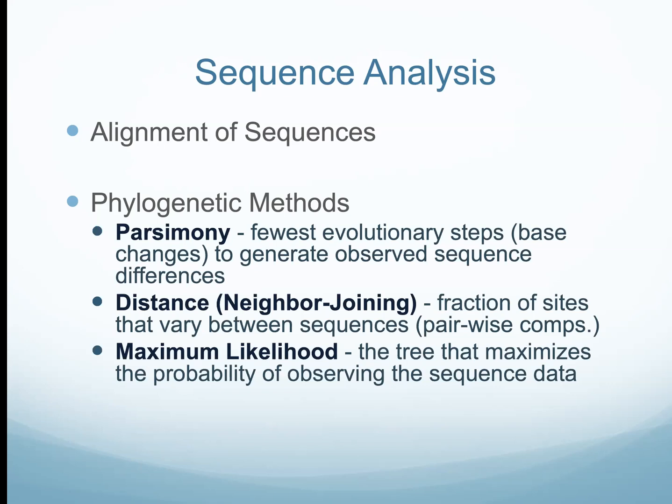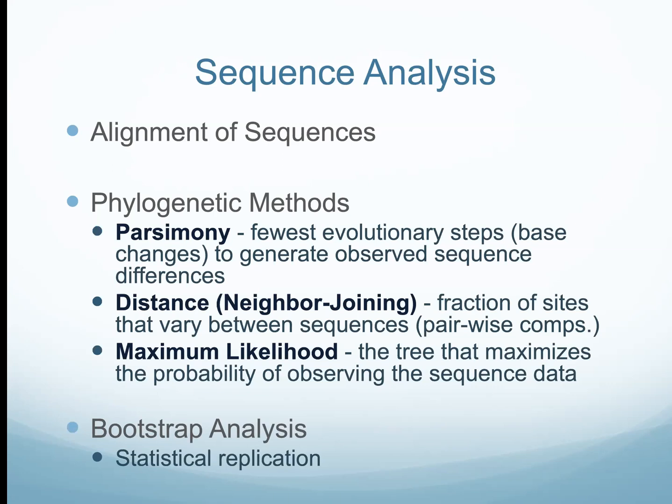All of these are different approaches and none of them are perfect. So the takeaway is that no one method is likely to give you the perfect phylogenetic tree. So it's always a good idea to use multiple methods if you're really interested in understanding the evolution of a gene sequence or of species.